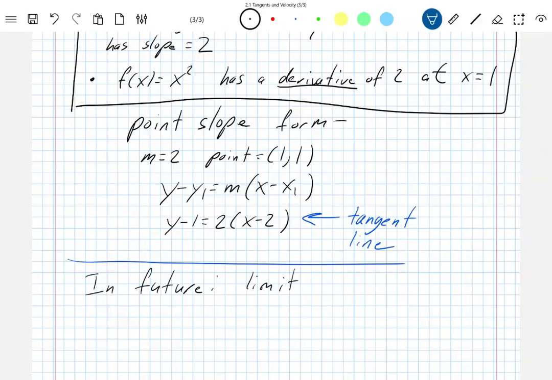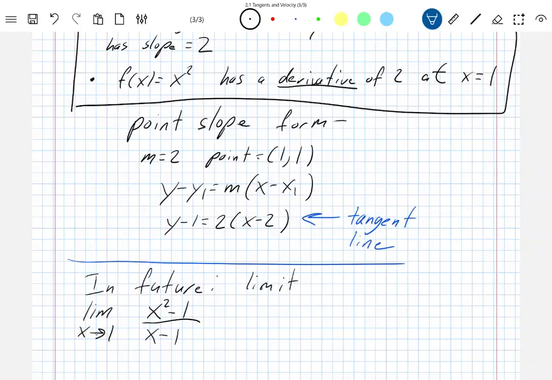What this limit is going to say is, well, what was our slope formula before? We had some x squared minus 1. That was the change in our y values. We had some change in our x values, because the other point on our secant line was 1, 1. So what we want to say is, what happens when x goes to 1?